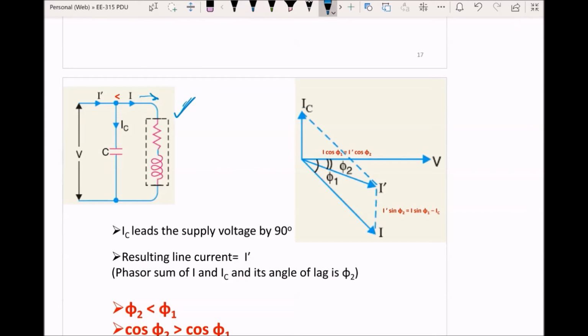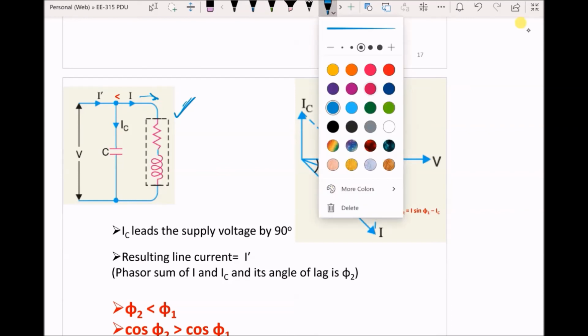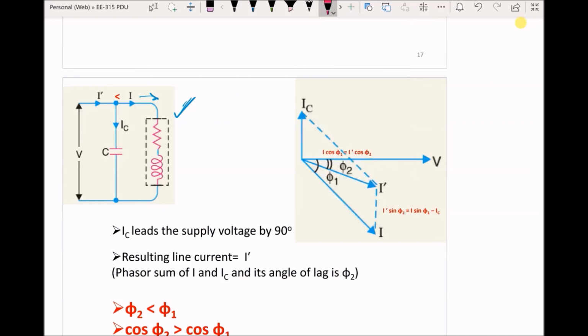Let me change the color to red. It makes an angle phi 1 with respect to the voltage, all the way here.